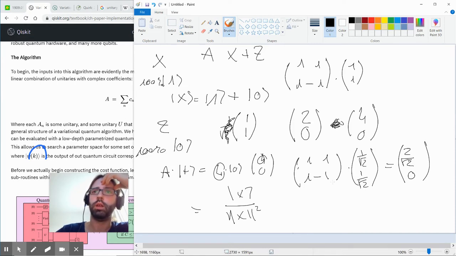I should divide it by the square root of the norm. So I should divide it by 16, right?